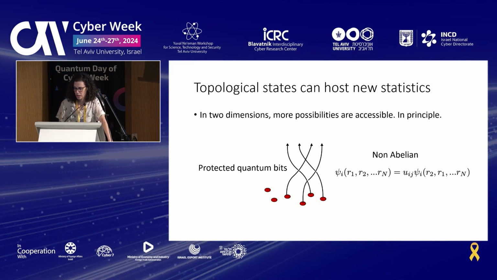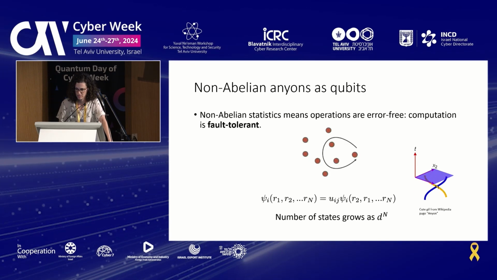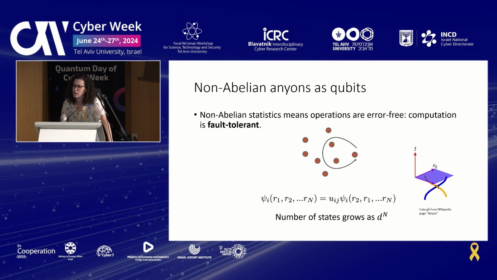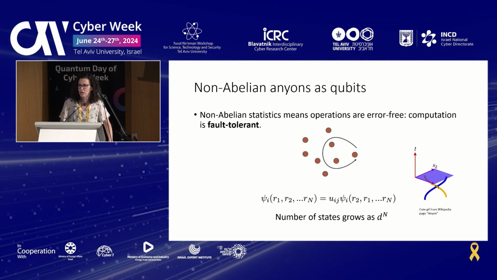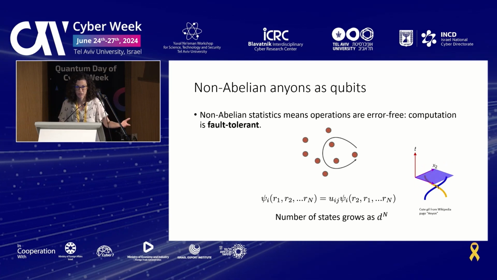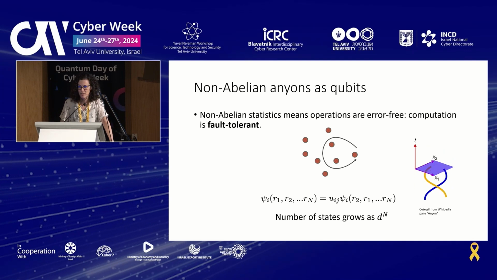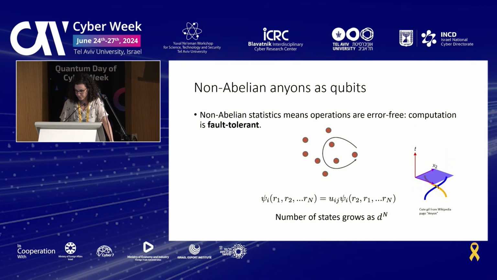These are called topological quantum bits. They are composed of a collection of several particles with non-abelian statistics. Non-abelian statistics means that operations are basically error-free, or the computation, people call it fault tolerant. We heard the word fault tolerance several times in this conference. It's something that's highly desirable.